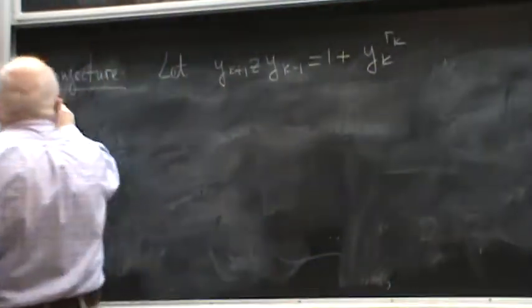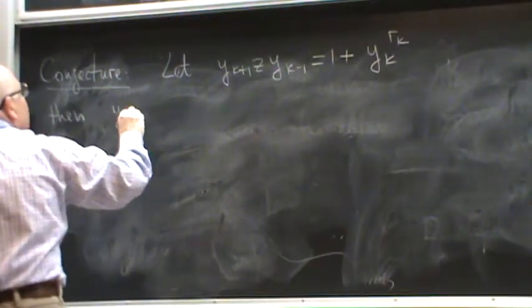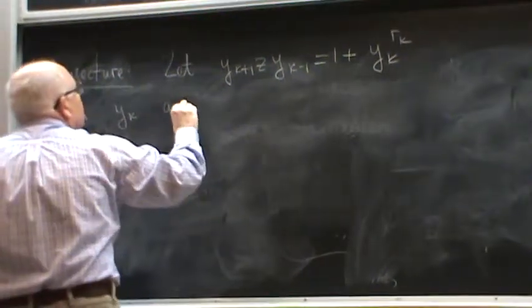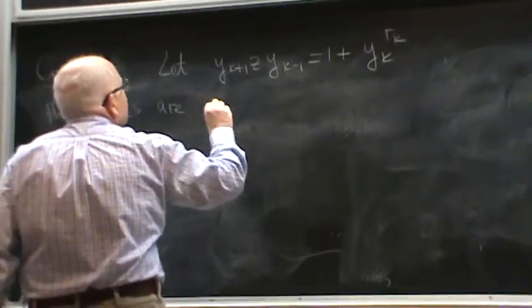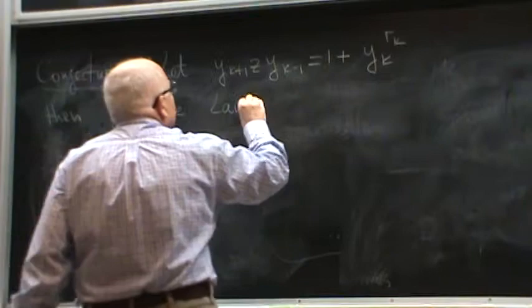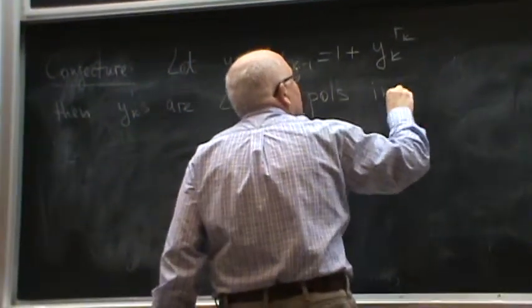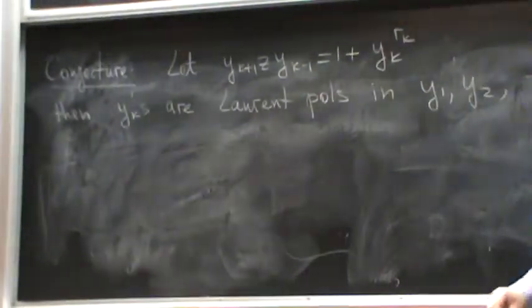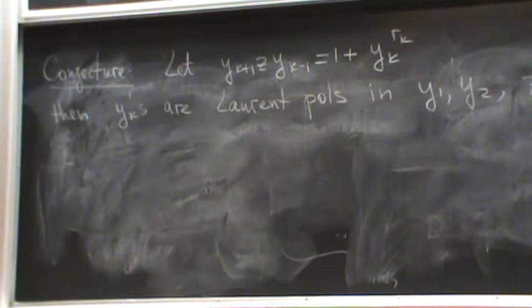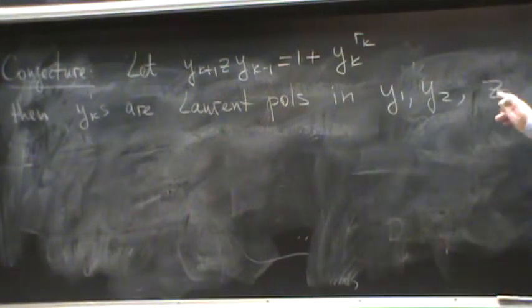Okay, then all the yk's are Laurent polynomials in y1, y2, and z. Well, actually in y1, y2, but I would like to keep z separate.